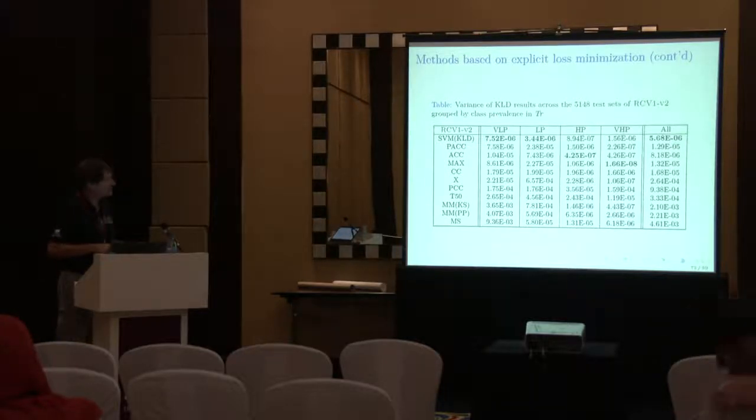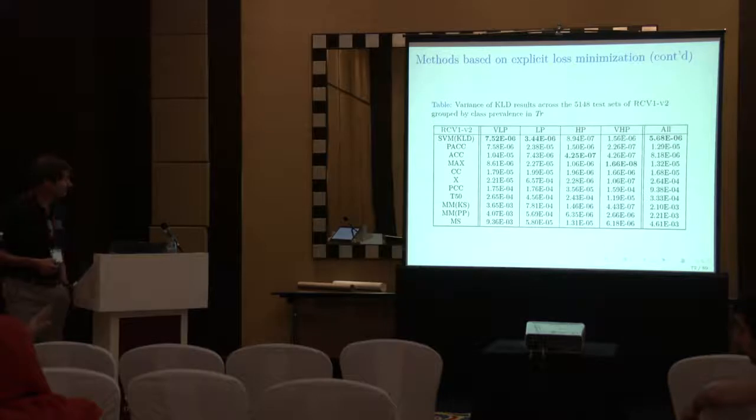And again, you can see that SVM KLD exhibits a very small variance, which is good, because it means that it's pretty stable. This chopping up is irrespective of drift.